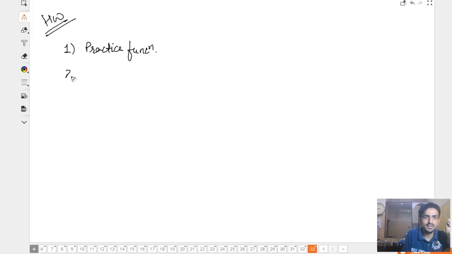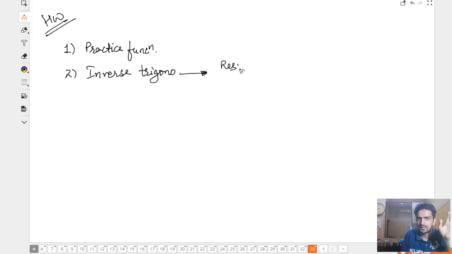And second, for inverse trigonometry, you do one thing. Just open up your subjective book, any subjective book, NCERT, R.D. Sharma. There you will get some results of inverse trigonometry.